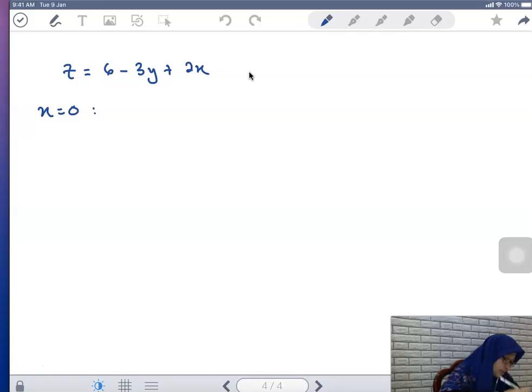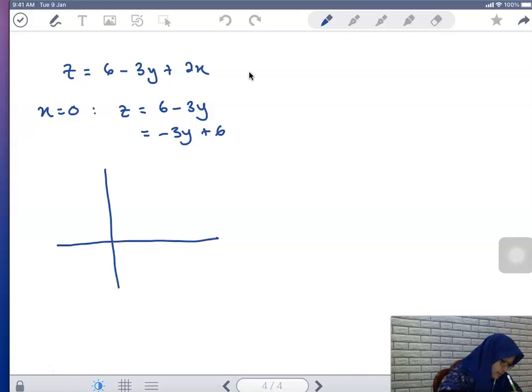When x equal to 0, the equation becomes 6 minus 3y, or in the standard form of a linear equation, minus 3y plus 6. For the sketch, on the zy plane we have a negative slope, intersecting at z equal to 6.